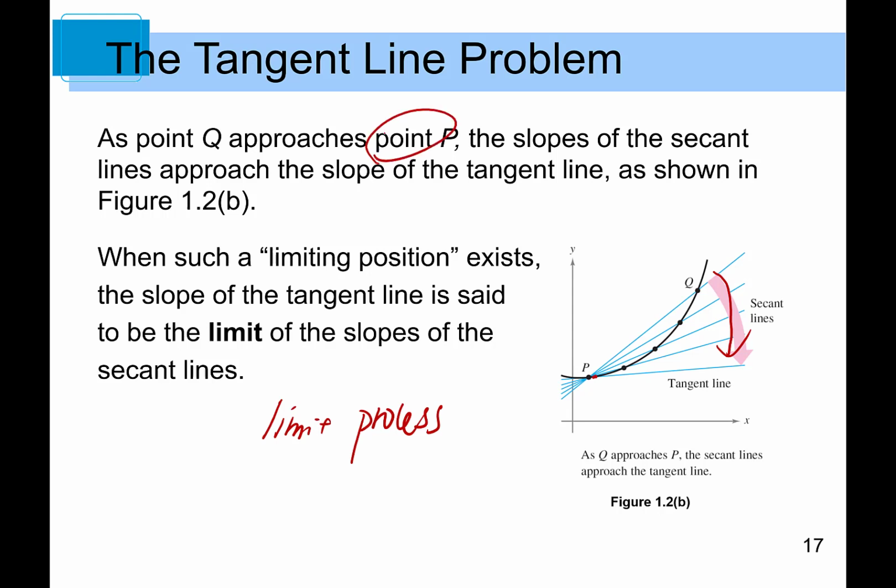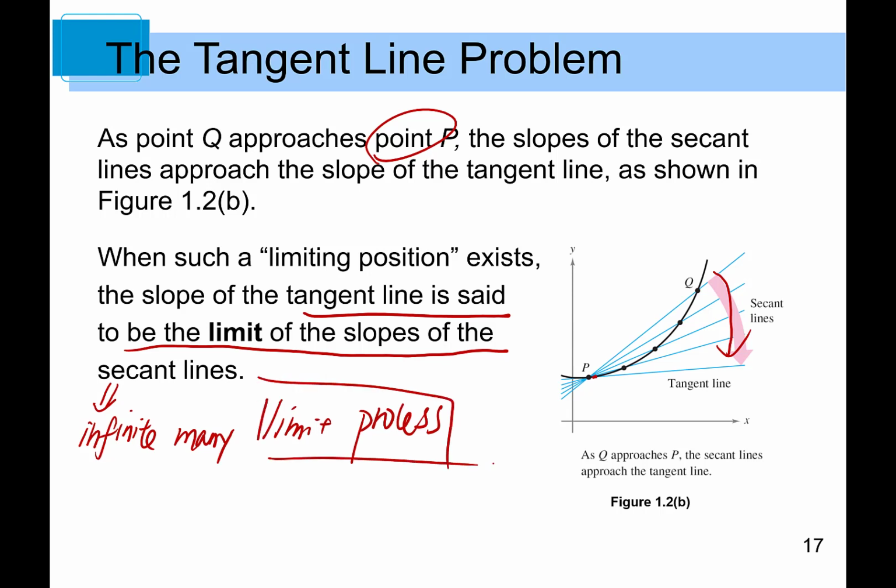So the tangent line is actually said to be the limit of the slope of all the secant lines, and then we have infinitely many secant lines. So this is the first time we're using limit to define the tangent line.